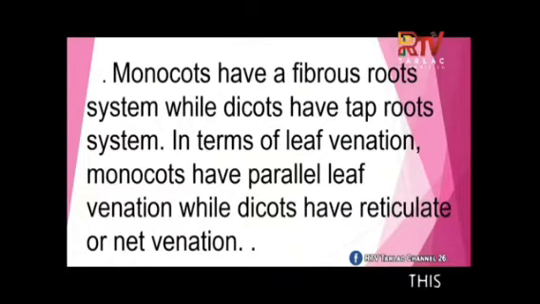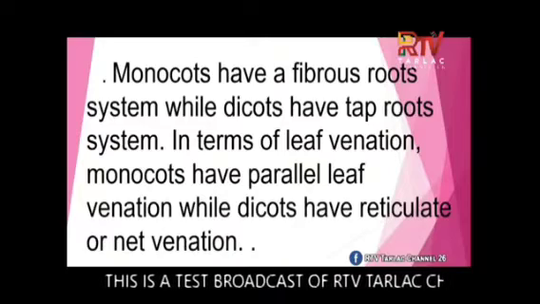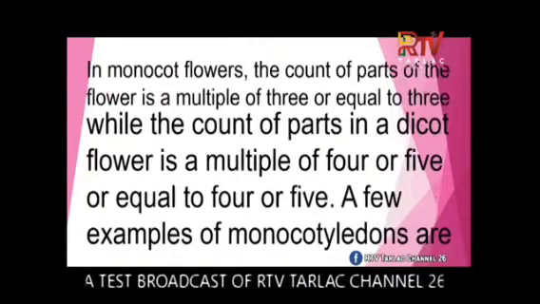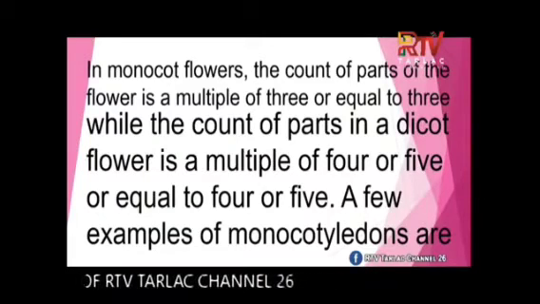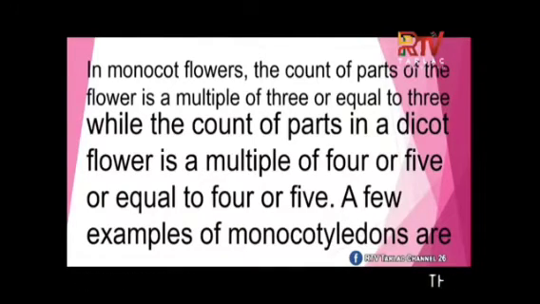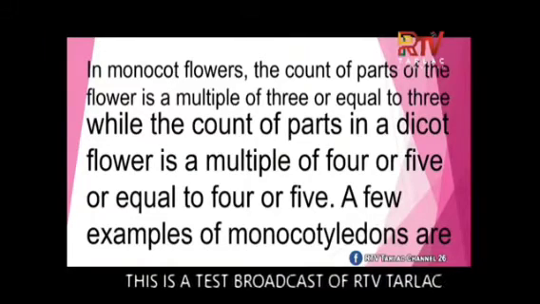In terms of leaf venation, monocots have parallel leaf venation, while dicots have reticulate or net venation. In monocot flowers, the count of parts of the flower is a multiple of 3 or equal to 3, while the count of parts in a dicot flower is a multiple of 4 or 5 or equal to 4 or 5.